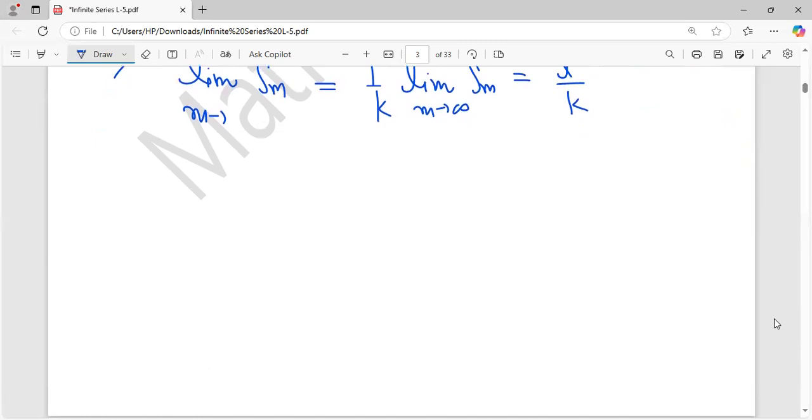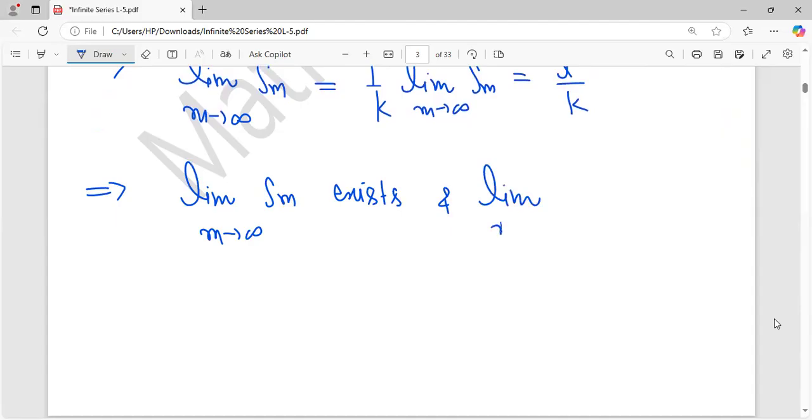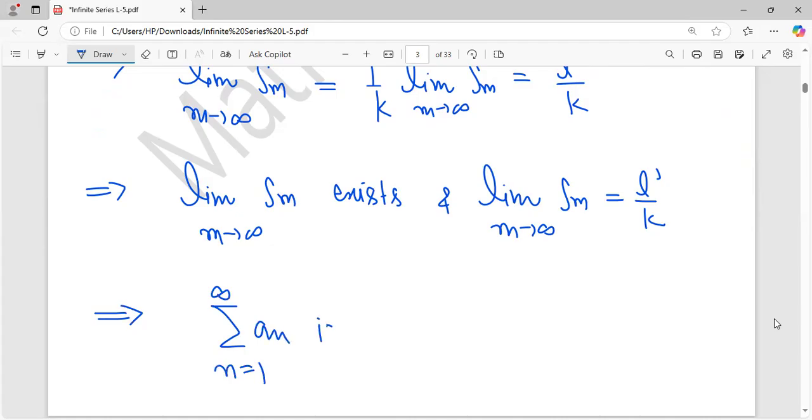So this implies the limit m tending to infinity Sm exists and is equal to L dash upon k. So this implies this series a n is also convergent. So our result is done.